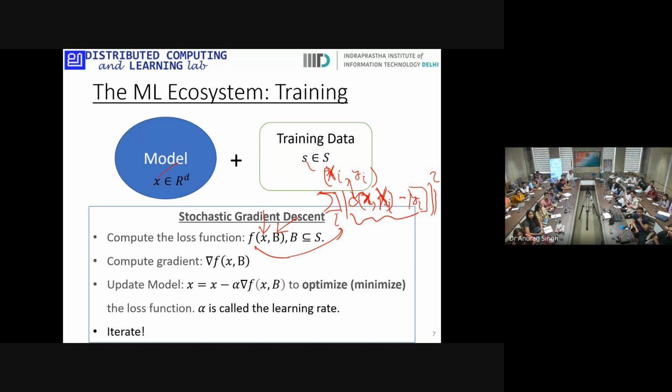Model is basically the small x. There we are feeding the values of data. O of x, xi equals to. So O is the function, right? Whose parameters are little x. So we apply this function over the set of parameters little x and a data sample big xi, right?